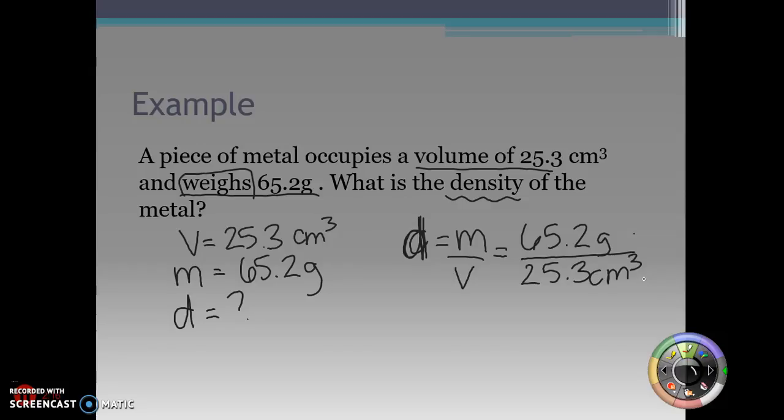You really need to watch your significant digits though. And in this case, both of these numbers have 3 sig figs. We'll go over that later. So you should only have 3 digits in your final answer. And our final answer is going to be 2.58 grams per cubic centimeter.